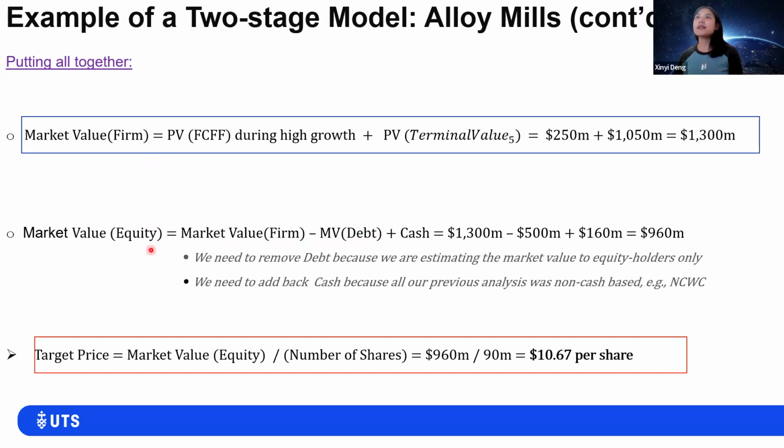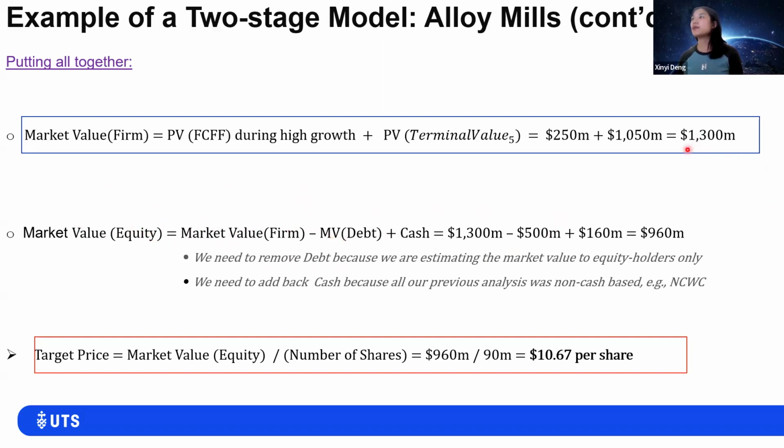This formula is a direct transformation of the enterprise value formula. Recall we said that enterprise value is equal to equity plus debt minus cash, right? That's how we derive this formula. We basically just rearrange terms.